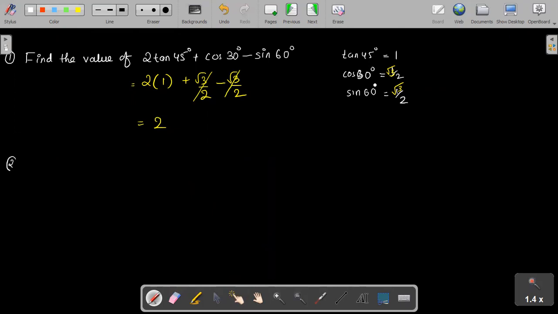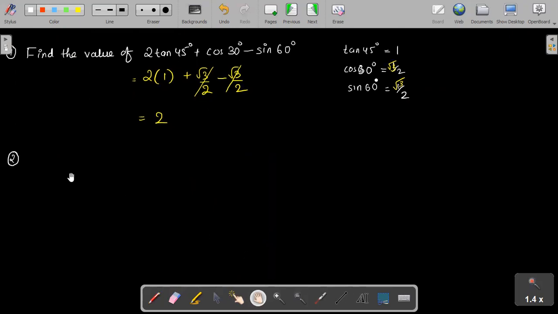Then let us take the second question. One question I had discussed earlier, yesterday, I guess. I had told you how to use that 90 minus theta formula. Now this question. In triangle ABC, you have to solve this, okay? I will just help you to guide.